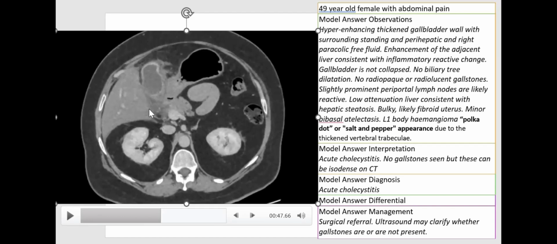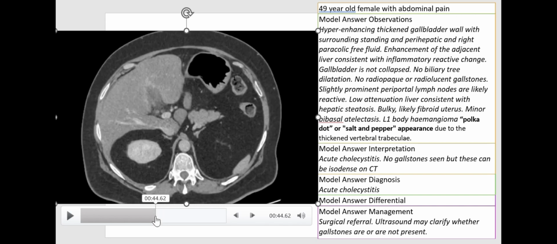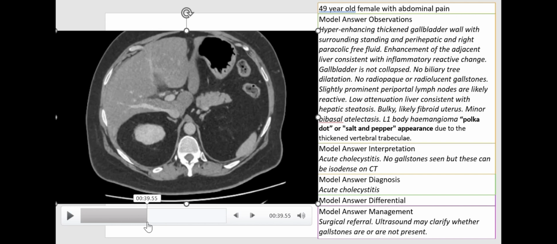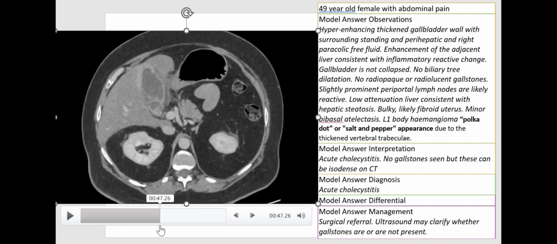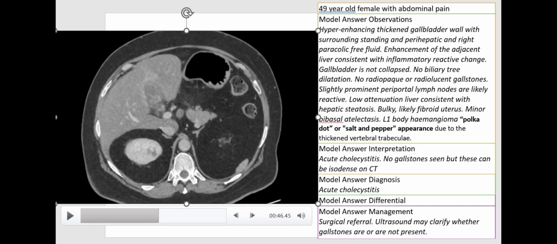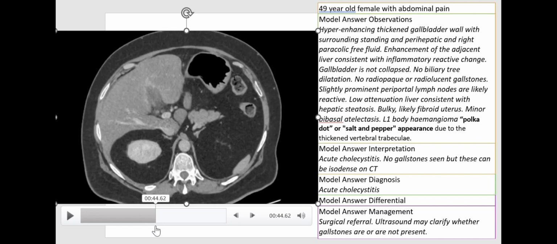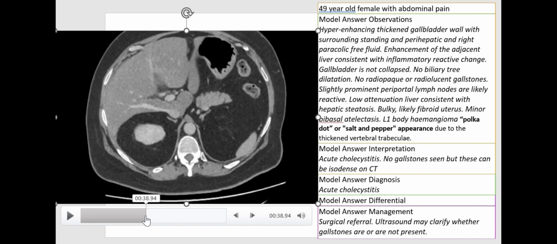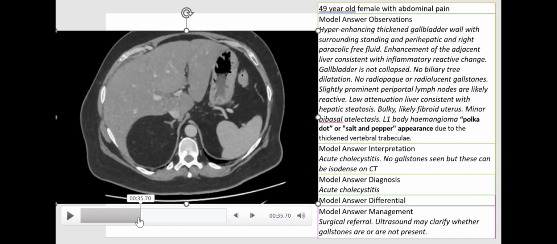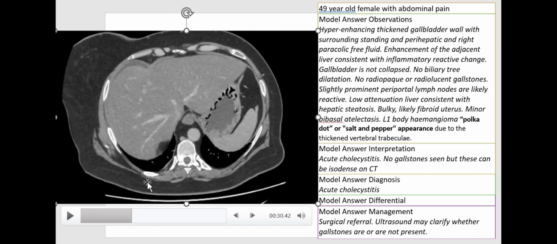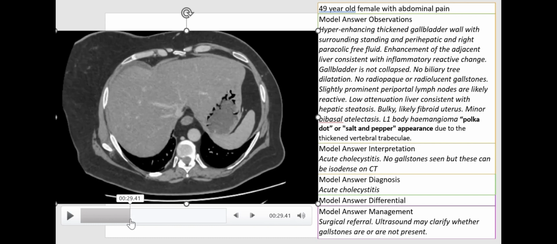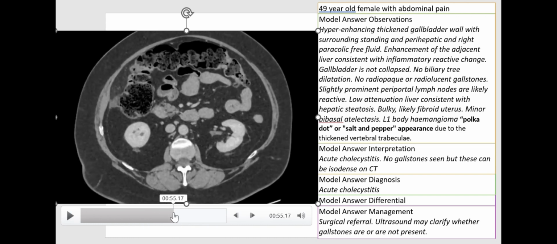So the findings here are thickened and enhanced gallbladder wall with adjacent fat stranding and adjacent hepatic parenchymal enhancement, and periportal prominent lymph nodes and perihepatic and pericolic free fluid.